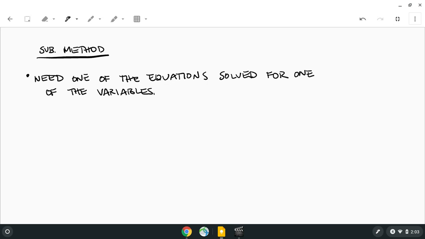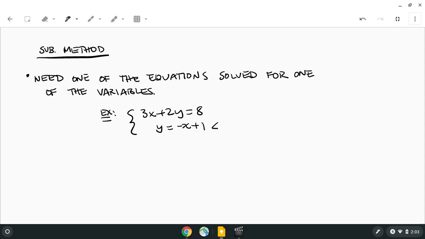Okay, so for example, if we have this system, 3x plus 2y equals 8, and y equals negative x plus 1. We see here that this second equation is solved for y. So this one we could use a substitution method right off the bat.